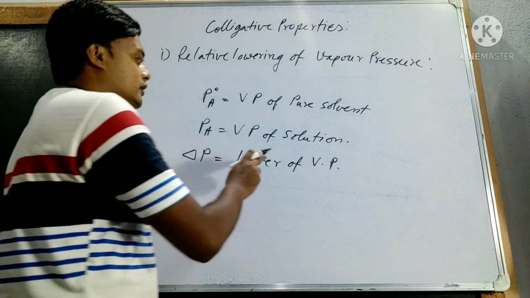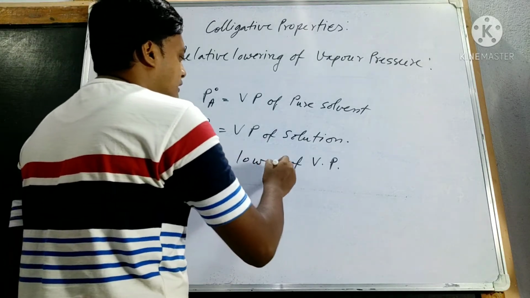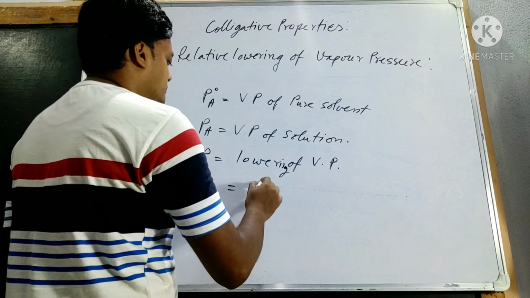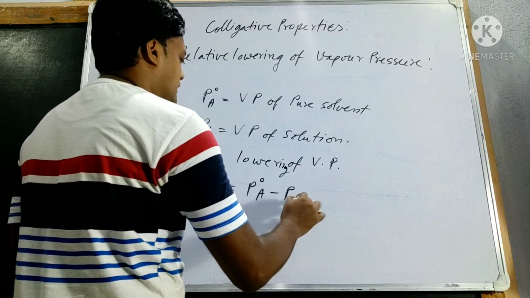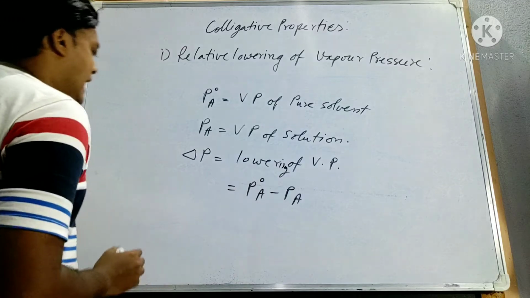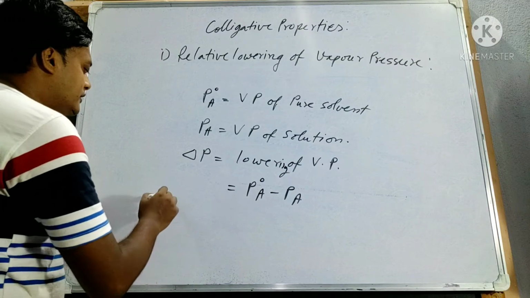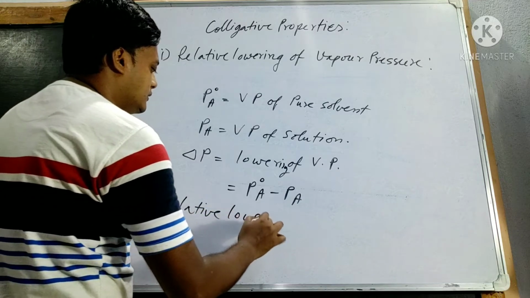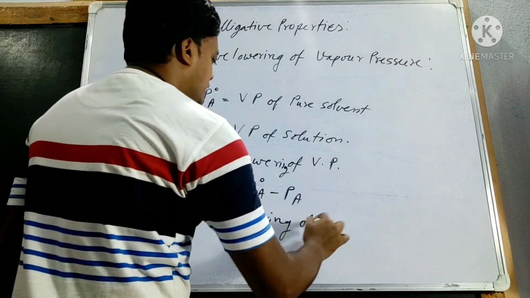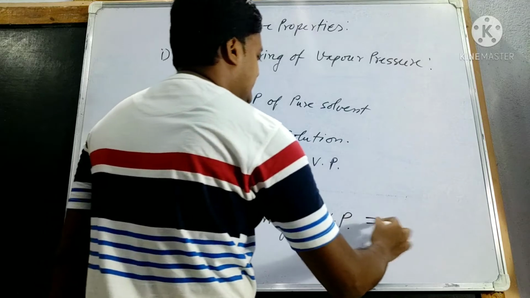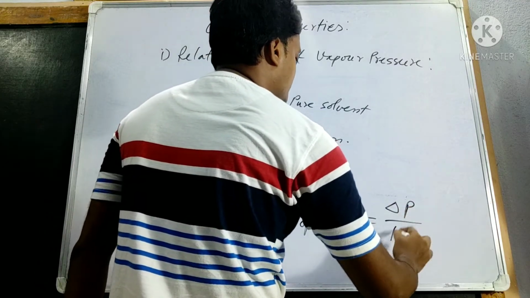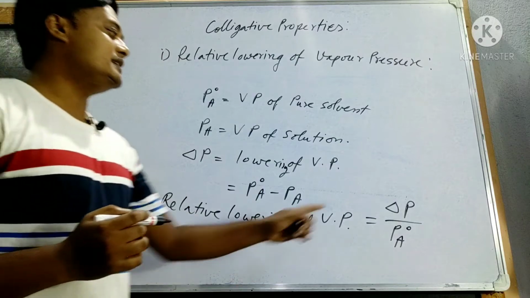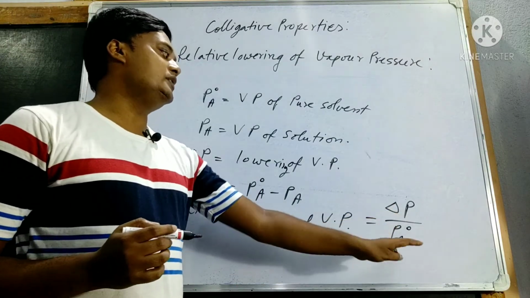So delta P, the lowering of vapor pressure, is P naught A minus PA. And the relative lowering of vapor pressure is delta P by P naught A.